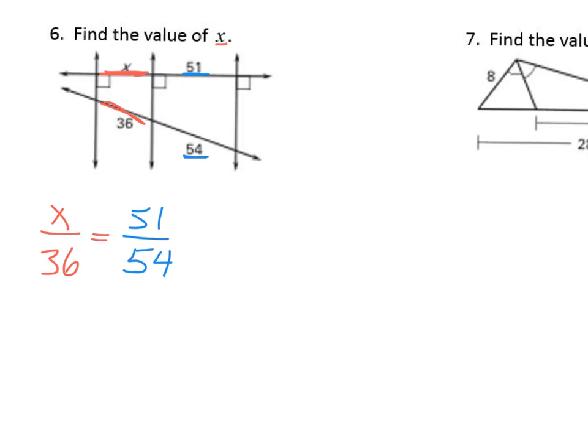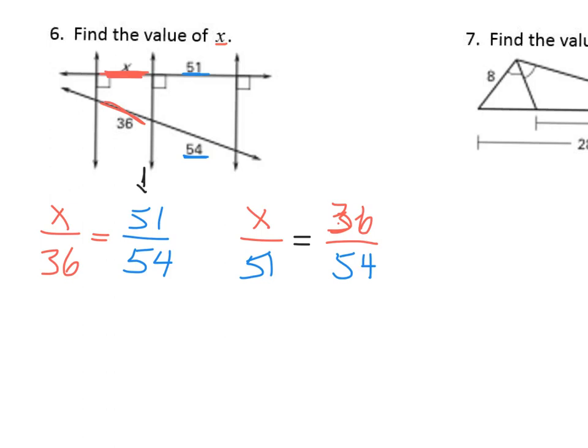As I said, if you don't like that, what you can do is you can do x to 51 and then set that equal to 36 to 54. It's up to you. Either method's going to work.